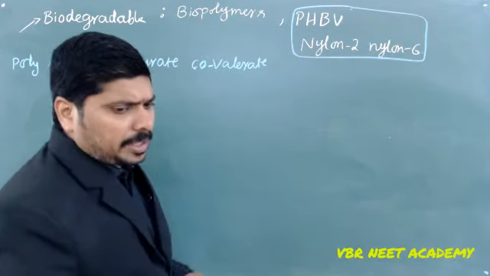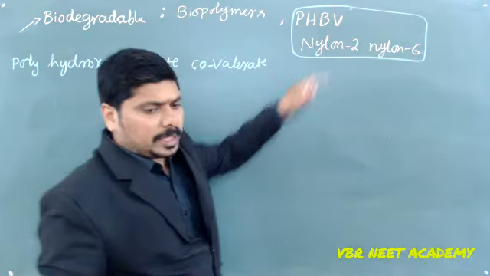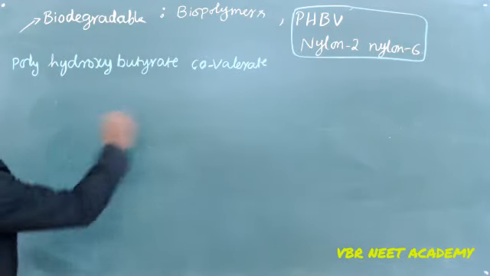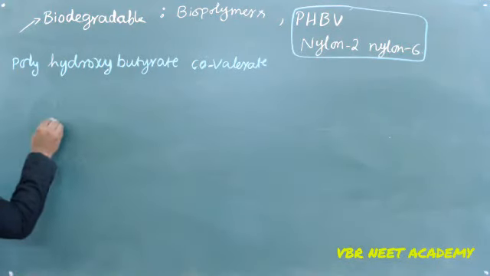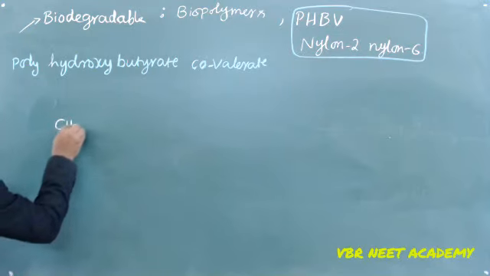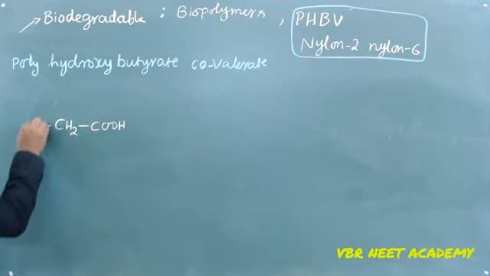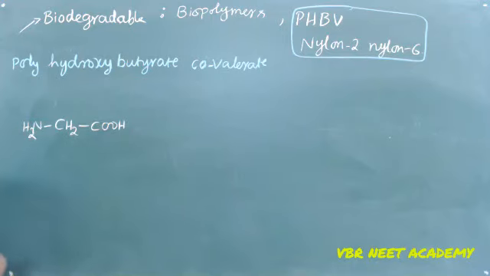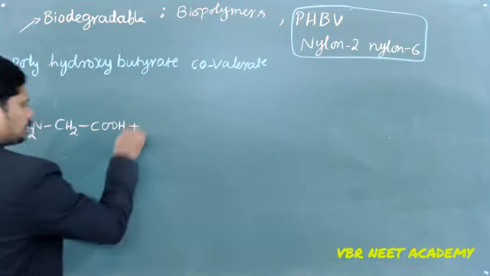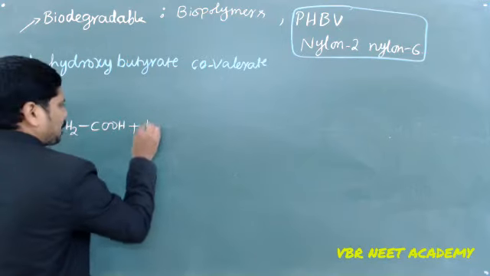Now what I am saying is an amide linkage, polyamide. Nylon 2 nylon 6 consists of CH2COOH NH2, glycine, and amino caproic acid.